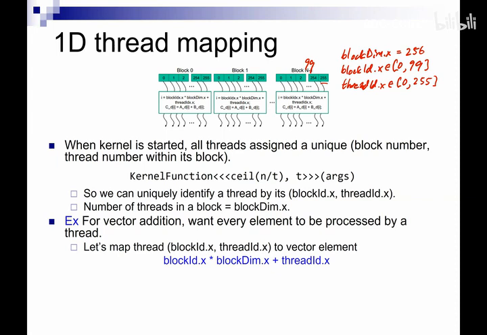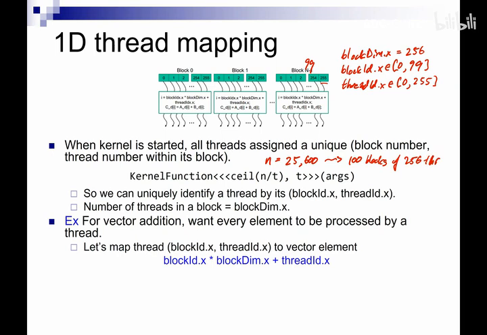Now, remember the number of blocks we have is equal to the number of items divided by the number of threads per block. So basically here we had n equals 25,600, vectors with 25,600 elements in them, and you divided this into 100 blocks of 256 threads each.